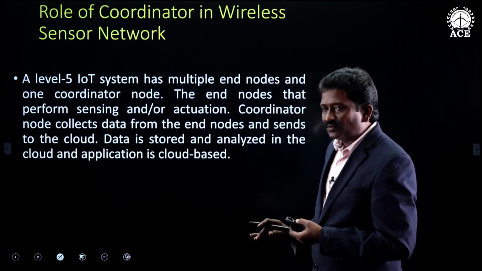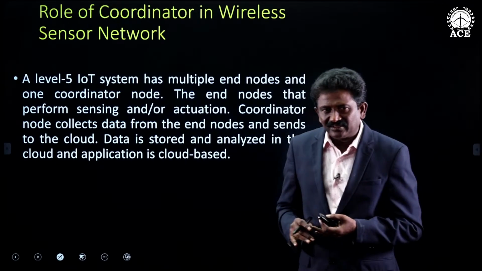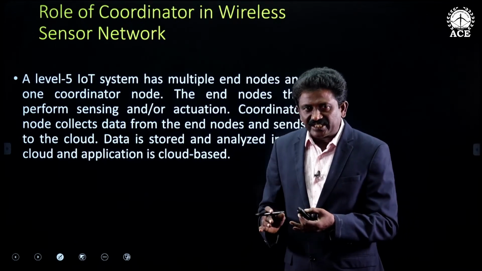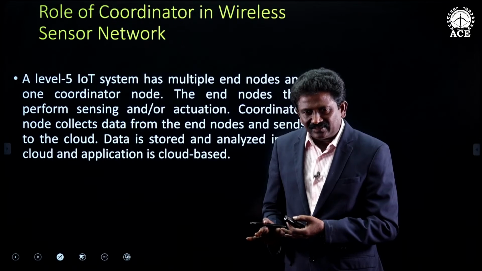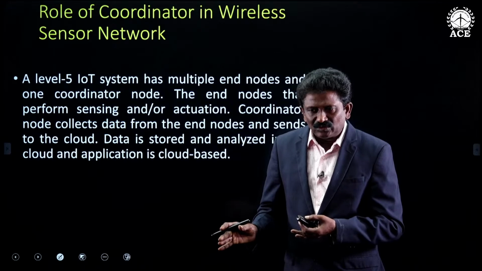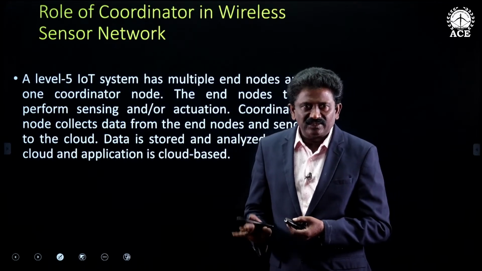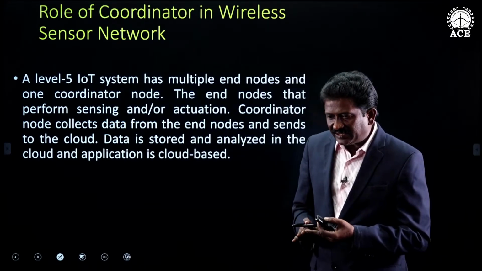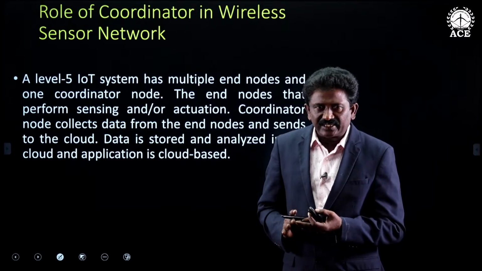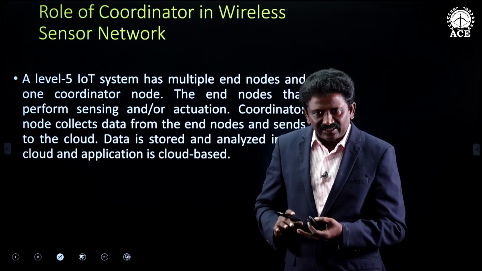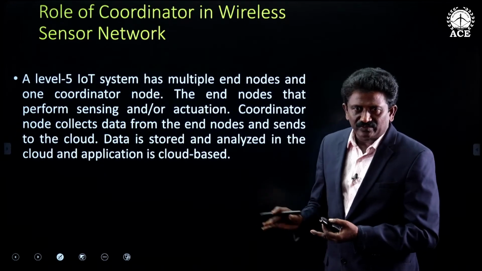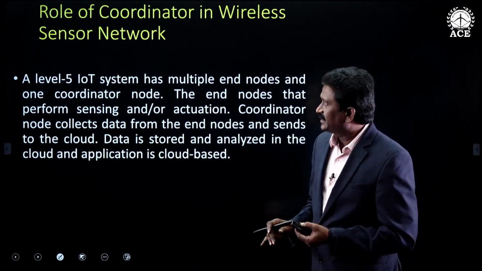Next, level 2 has some nodes. In the same way, it will catch data from the outside and send that data to the cloud. This is level 2. Level 3 has nodes and analyzes data, and sends that data to the cloud with the help of some devices.